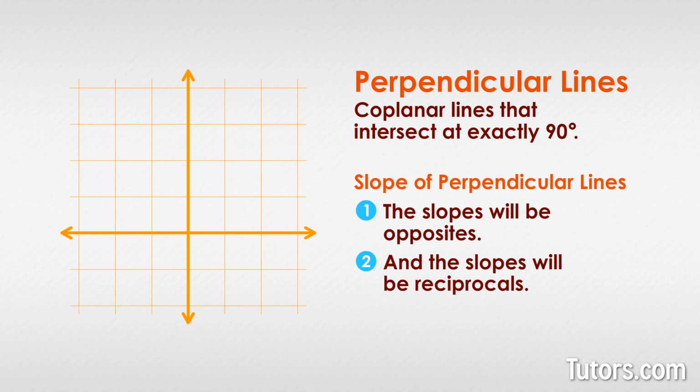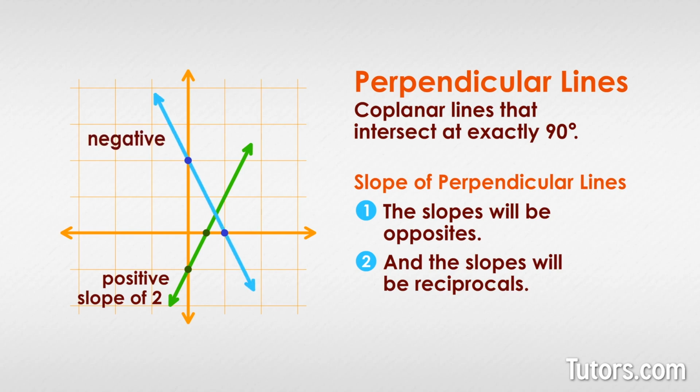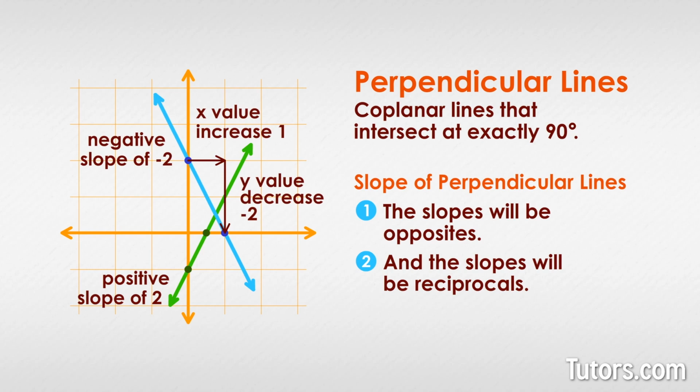Let's take the first requirement, opposite slopes. We'll keep one of our earlier lines with a positive slope of 2, and then show a new second line with a negative slope of -2. Now the lines are crossing, with our new line showing x values increasing as y values are decreasing.